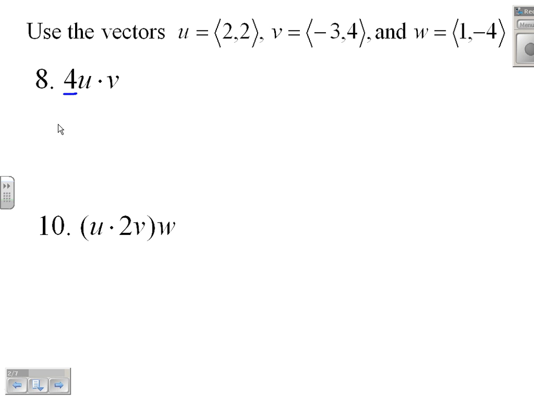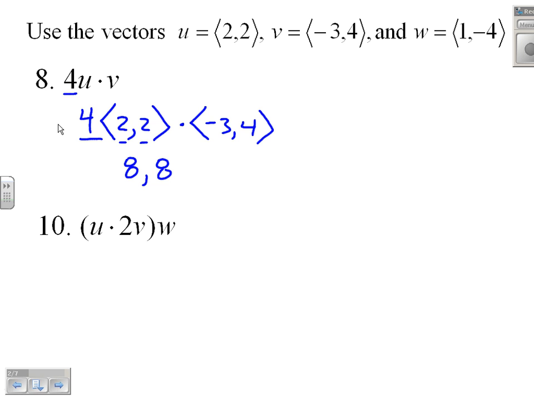So here we're supposed to take 4 times vector u, which is 2, 2, and find the dot product of that with vector v, -3, 4. Well, 4 just scales our 2, 2 vector, which means instead of going right 2, up 2, we're going to go 4 times that, or right 8, up 8.